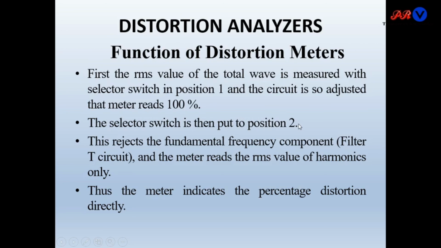When we put this switch in position 2, the fundamental frequency component is rejected by the T circuit, and the meter reads the RMS value of harmonics only. So, now the meter indicates the percentage distortion directly. So, in this way we can get the distortion directly from the meter.